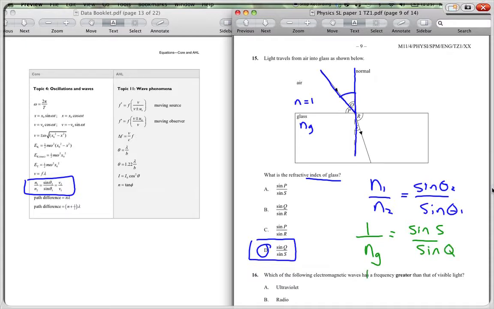We've got to switch both sides over, so it's going to be n g is equal to the sine of Q over the sine of S, and so it's that one over there, it's D.